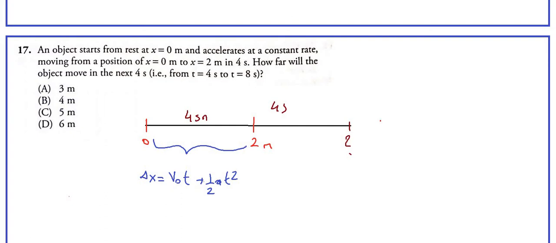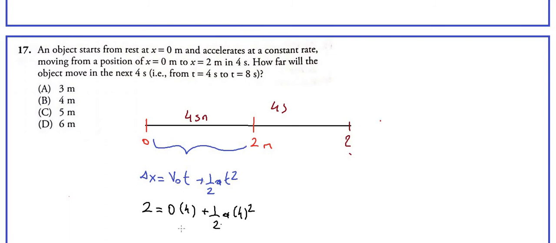Let's plug in everything. So total displacement is 2 meters, because 2 minus 0, and the initial velocity is 0 times 4 seconds plus 1/2 a times t, which is 4 seconds, t squared.